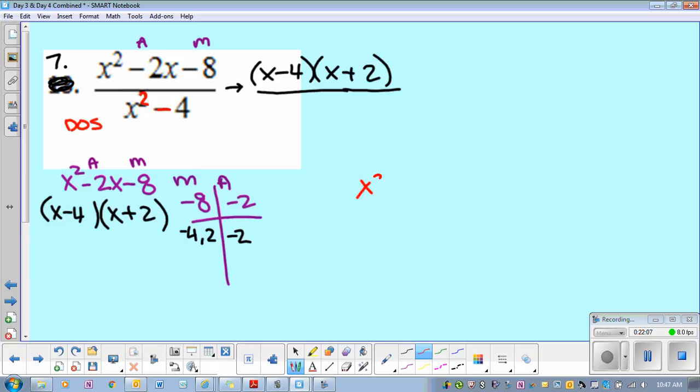So we have x squared minus 4. What's the square root of x squared? x. What's the square root of 4? 2. And with the DOTS method, what are the signs that go in there? One is plus, and the other one is minus. Good.